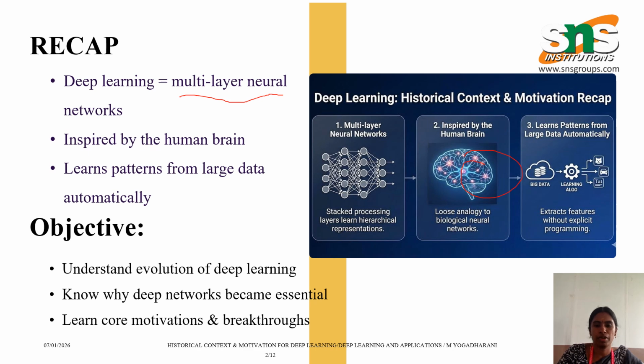Just like our brain has many neurons connected together, deep learning models have artificial neurons arranged in layers. The main advantage of deep learning is that it can automatically learn patterns from a large amount of data without a human manually telling it what to look for.